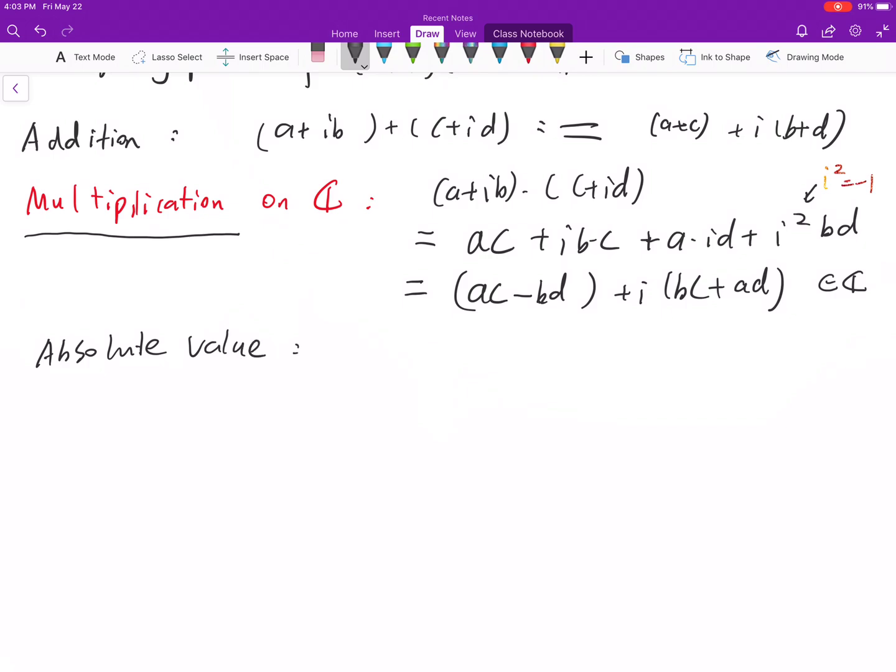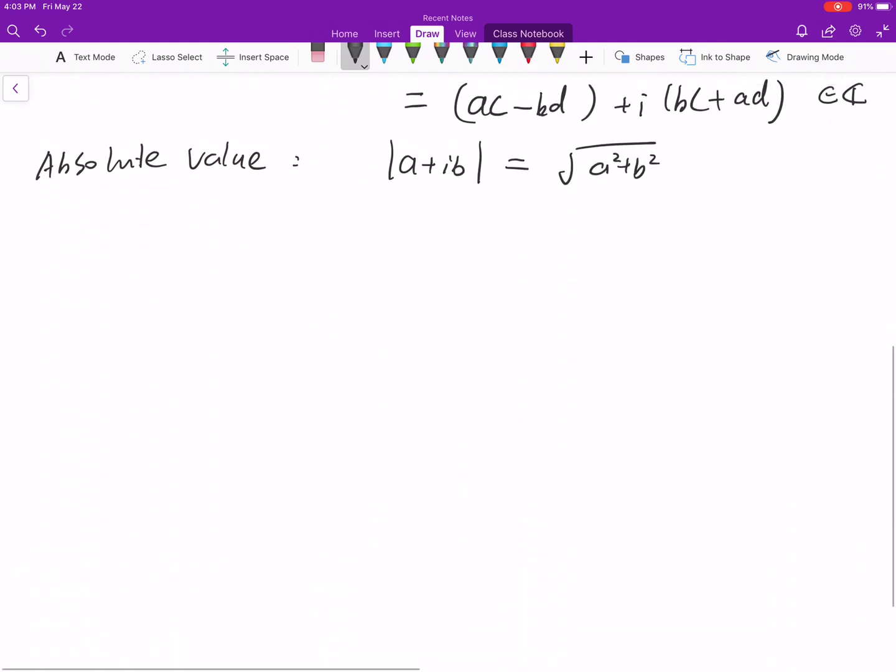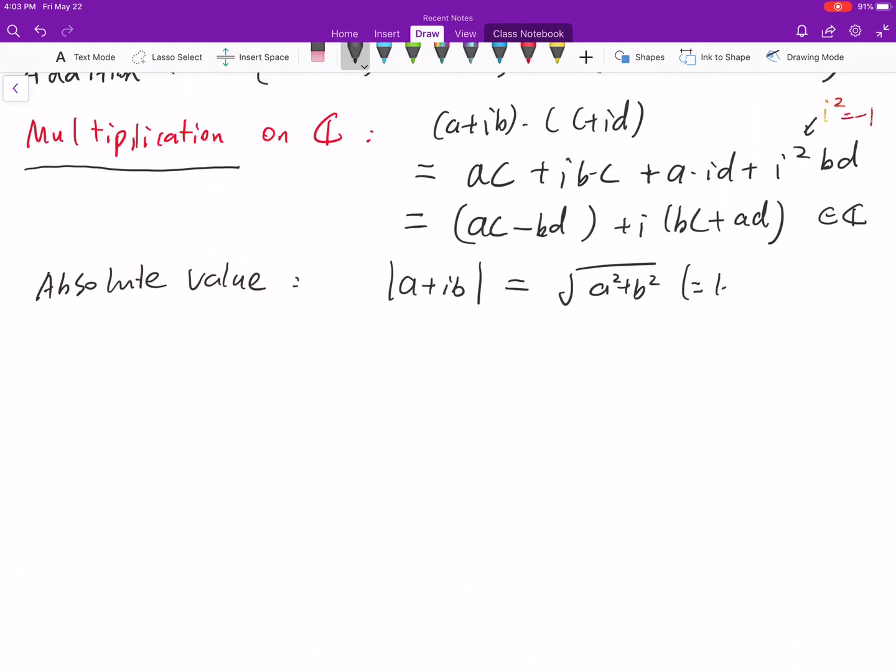This is the square root of a squared plus b squared. If you look at the picture, then this is the length of the vector (a, b). So this is the same as the R2 Euclidean structure, but in different notation.